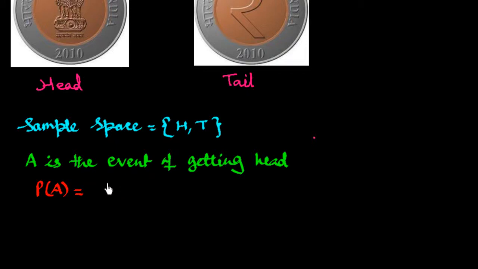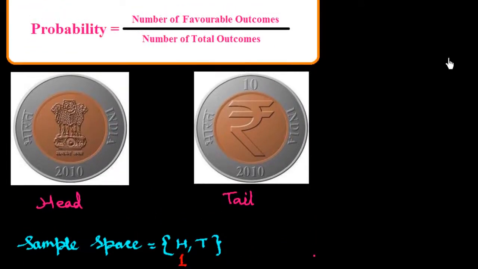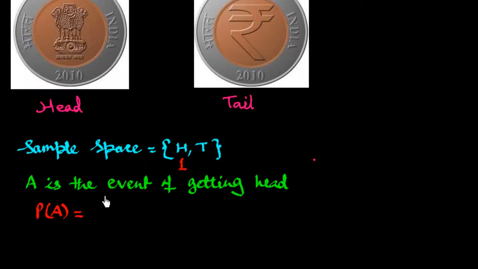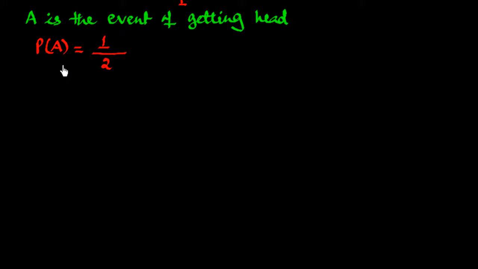We require head, so the favorable outcome is head, which is only one here. The number of total outcomes, head and tail, is 2. So the probability of getting head is 1 over 2.